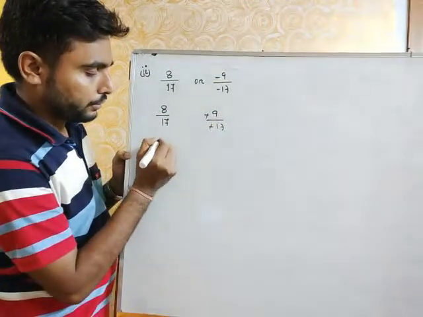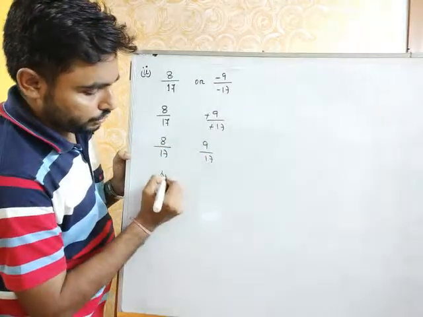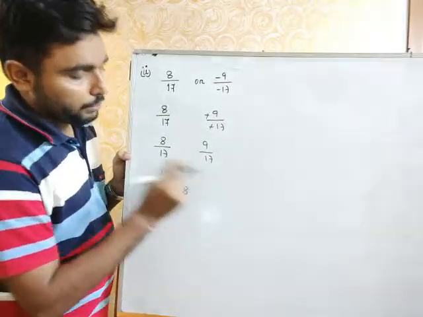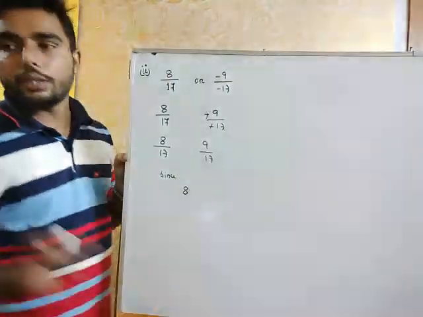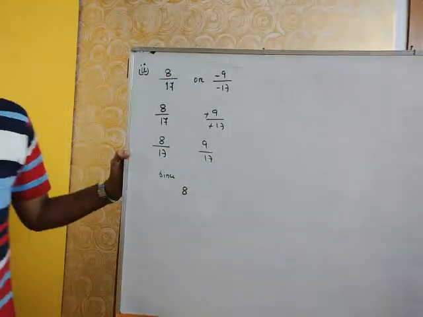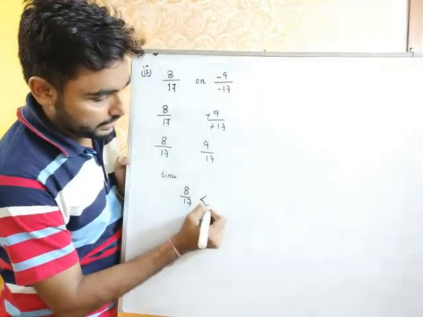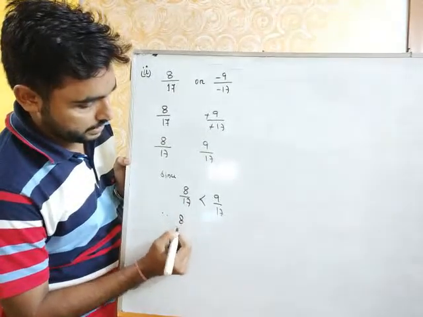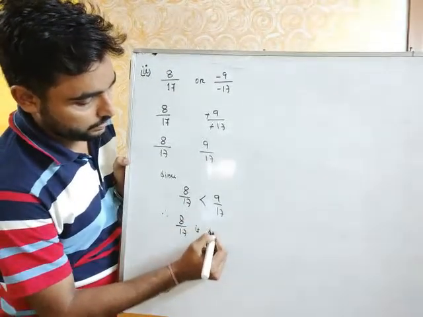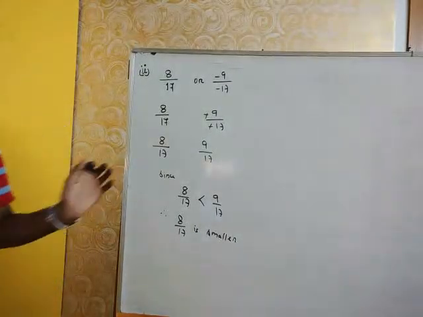Minus minus got reduced, so it will be 8 by 17 and 9 by 17. Since now both are positive and have the same denominator, there is no need of cross multiplying. Directly it can be said that since 8 by 17 is less than 9 by 17, therefore 8 by 17 is smaller. Okay. Written.